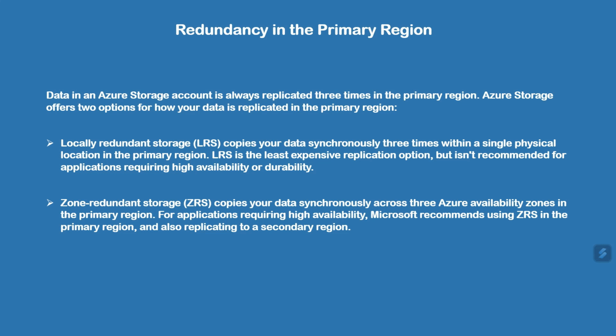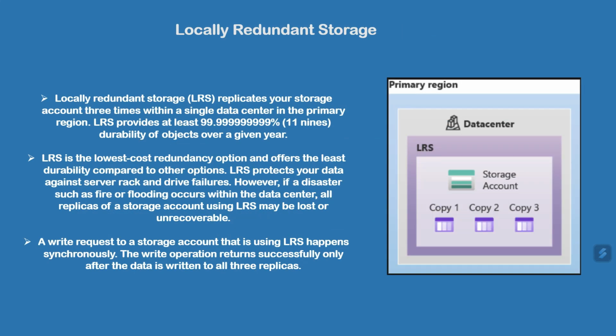Now let's look further into LRS in detail. Locally redundant storage, as I told you earlier, replicates your data three times within a single data center in the primary region. It offers a durability of at least 99.999999999%, that is 11 nines, over a given year.